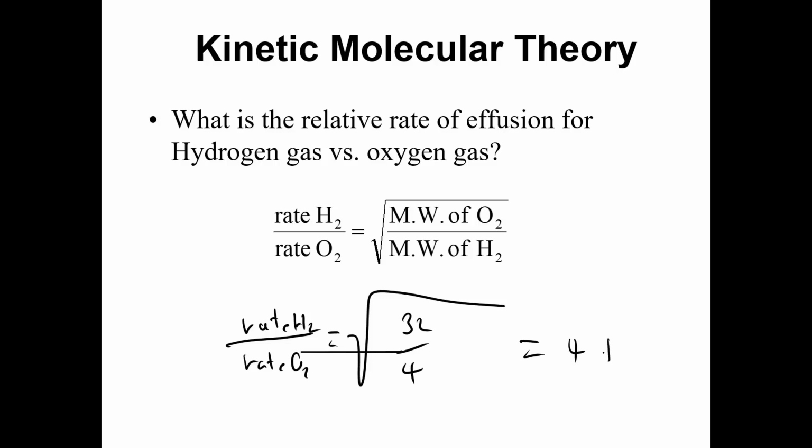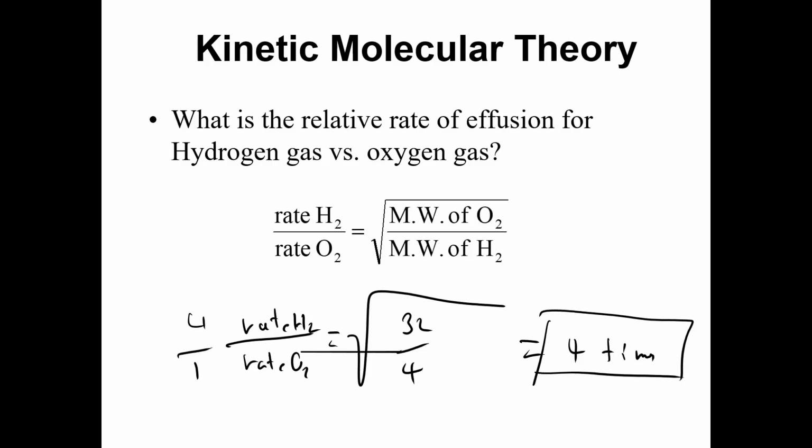So it's 4 times faster, right? So that means this is 4 over 1, or 8 over 2. So the diffusion of hydrogen is 4 times faster than the diffusion of oxygen.